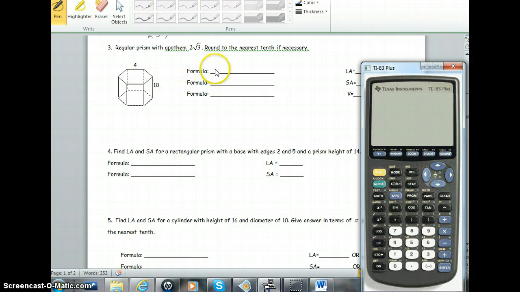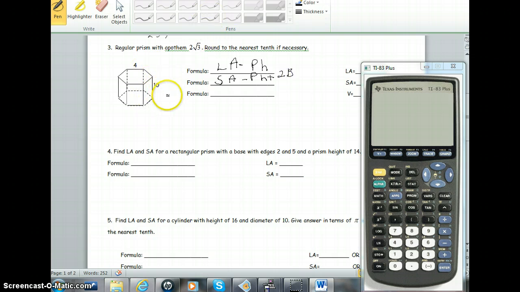We're going to have to find the lateral area, and the formula for that is perimeter times height. We also have to find the surface area, and the formula for that is still perimeter times height, plus twice the base, so you want the bottom and top included.